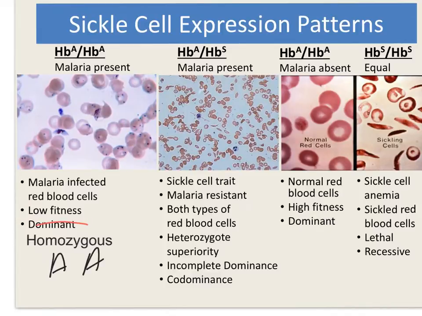Okay, and with malaria in the area, that means AA is low fitness because it has no protection against malaria. So the person in that area with that genotype and then phenotype will be susceptible to malaria.